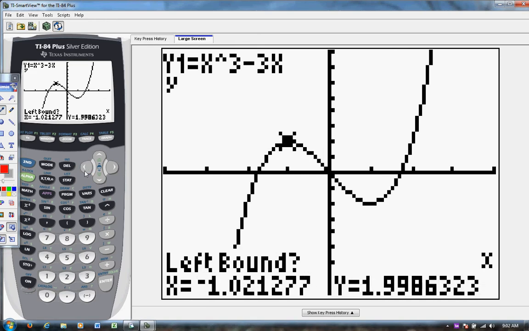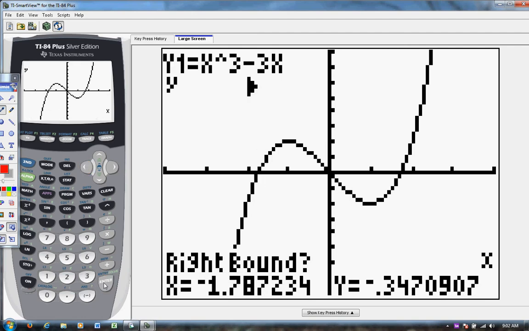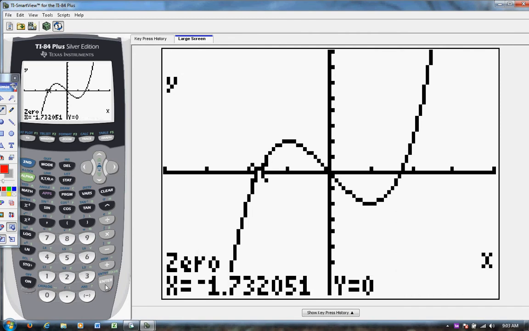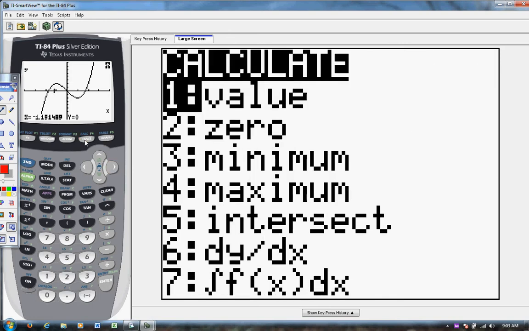Let's do this one over here. Left bound, enter. Right bound, enter. Guess, enter. So that 0 is negative 1.73. Okay? Let's keep that in the back of our minds, and let's go over to the other one. Let's calculate another 0. We want to do that other one that's over there.